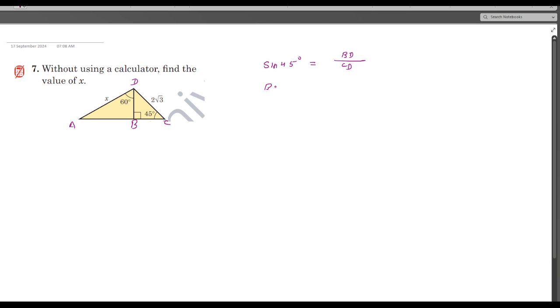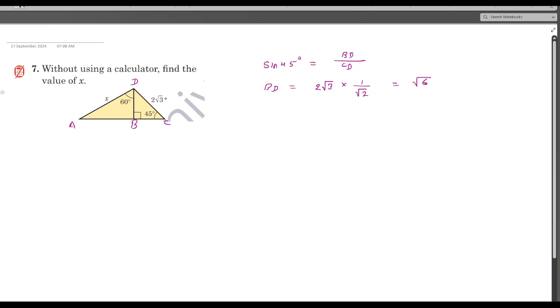So your BD will be equal to CD, which is 2 times root 3 times sine 45, which is 1 upon root 2. This is root 2 divided by root 2 is root 2, and into root 3 is root 6. So your BD is root 6.